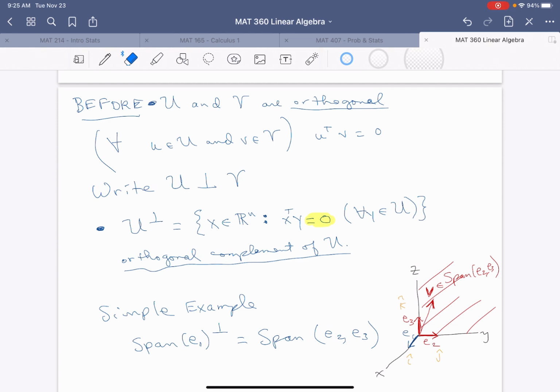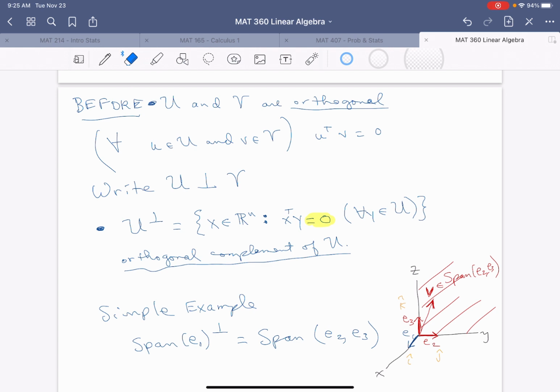And then we also defined what we mean by the orthogonal complement of a space. That's U with a superscript of the perpendicular symbol. This consists of all elements x in Rn such that x is orthogonal to every vector in U. I highlighted this part because I may not have written this on the board last time.